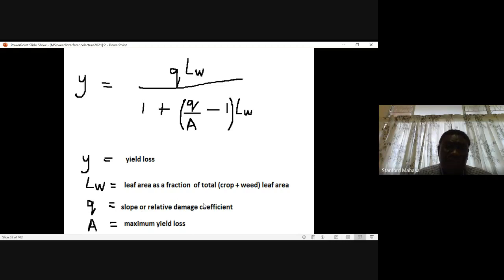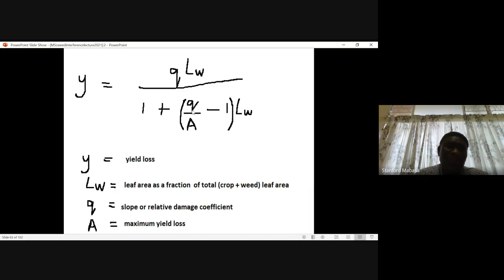And they said the slope could represent the relative damage coefficient. In Cousens' equation, this is represented by I. So Q times LW, which is relative leaf area, we divide the whole thing by 1 plus everything in brackets.